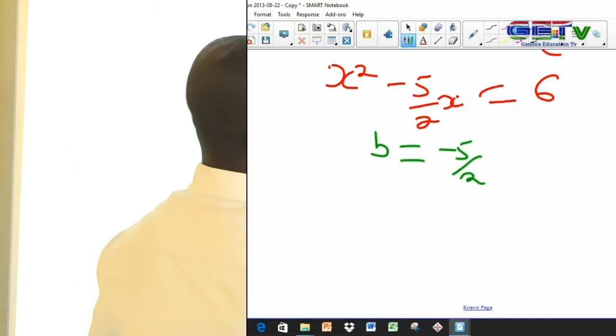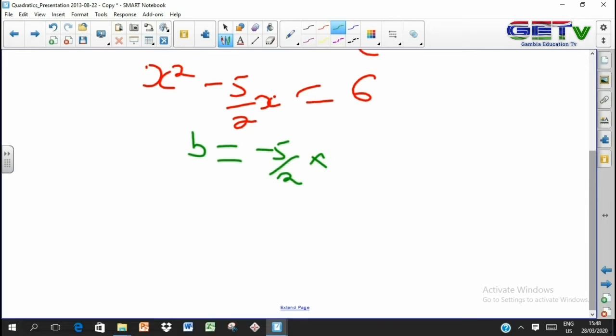So in this case, I will multiply this component by half. When you multiply, negative 5 times 1 will give us negative 5, all over 2 times 2, which gives us 4.